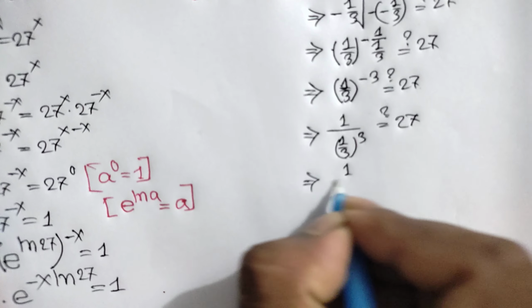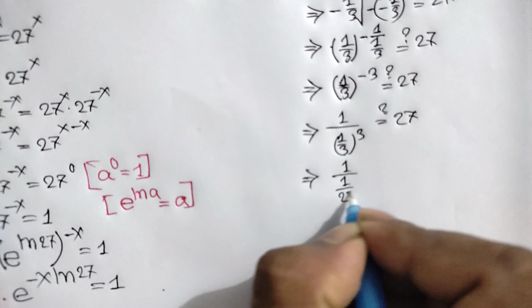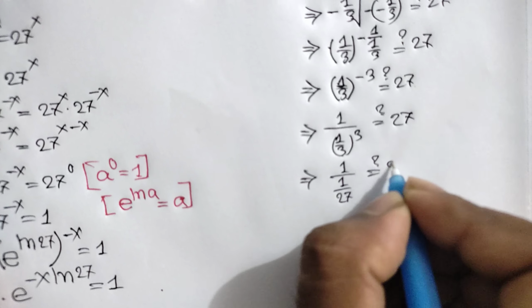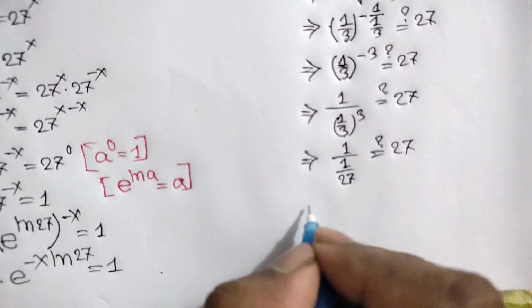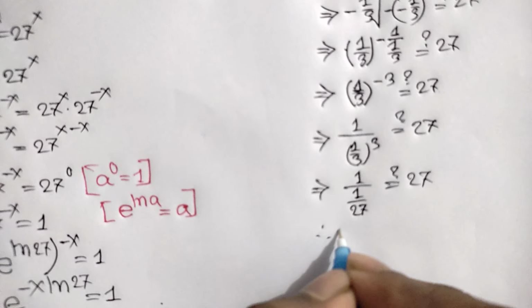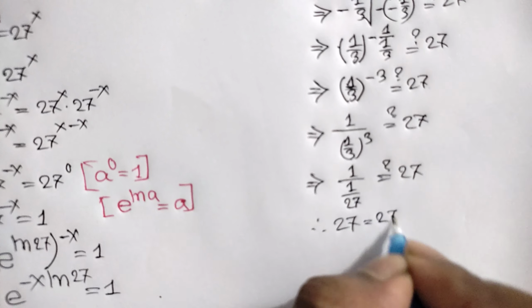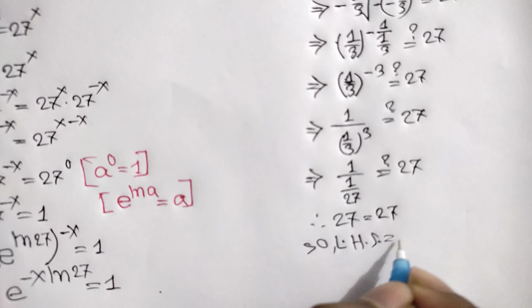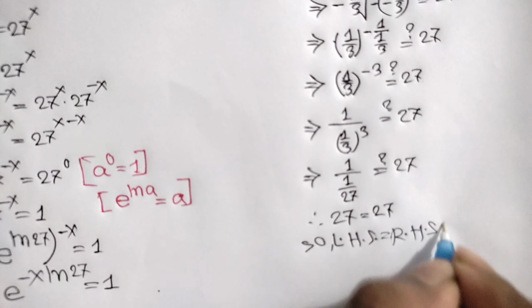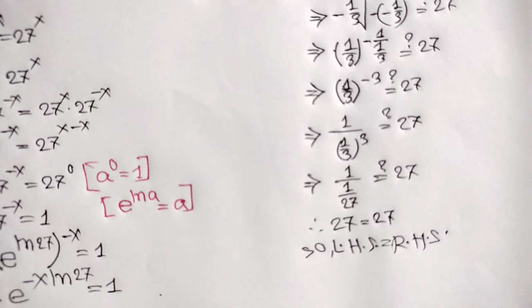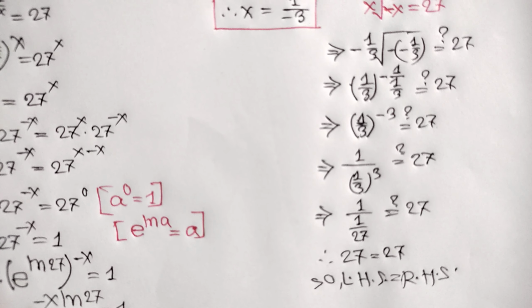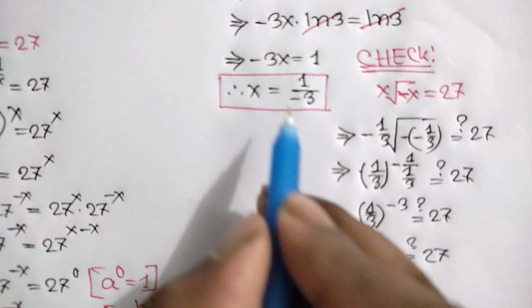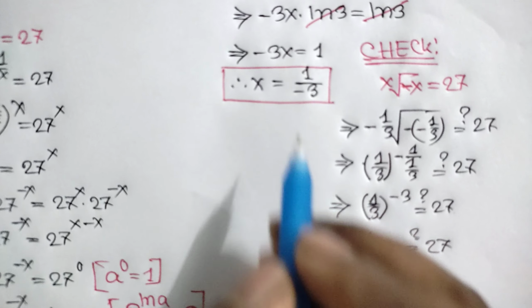Or 1 over 27 inverted is equal to 27. So 27 is equal to 27, so left hand side is equal to right hand side. So our final answer is x is equal to negative 1 over 3.